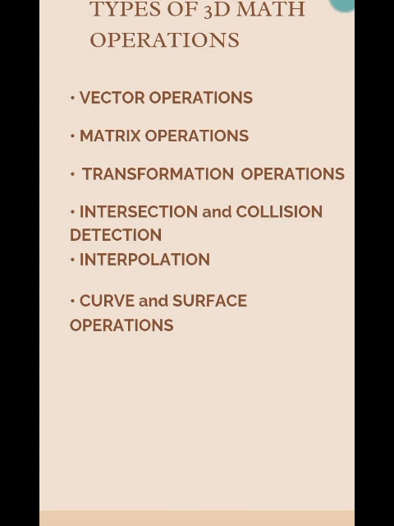Vector operations: addition, combining two vectors component-wise; subtraction, finding the difference between two vectors component-wise; and scalar multiplication, scaling a vector by a scalar value. Next, which is matrix operations: multiplication, transpose, inverse, determinant, transformation, and projections.